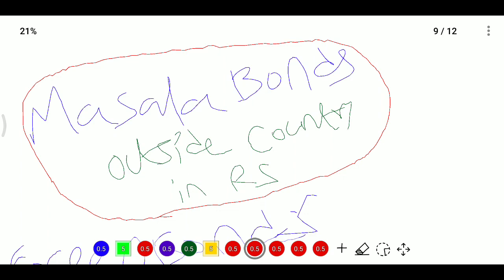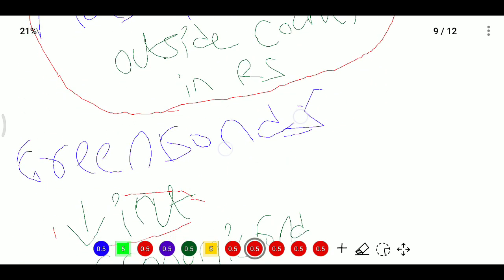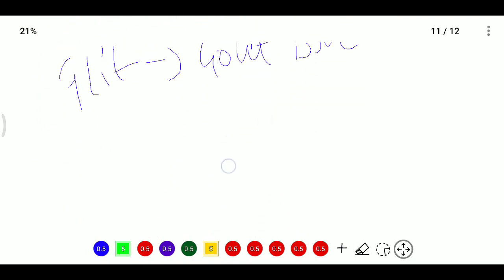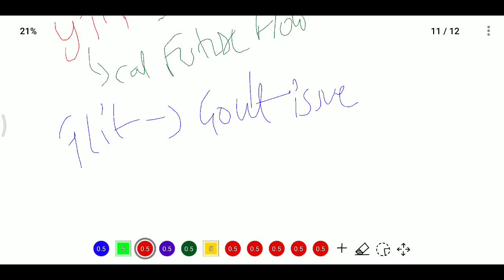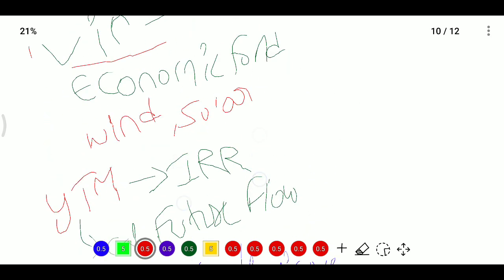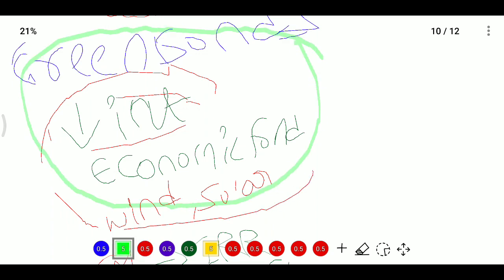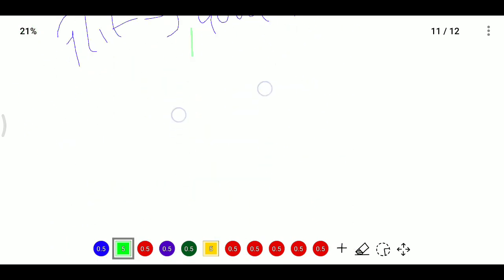These are the different offshore or overseas bonds. And we discussed green bonds. Green bonds are for investing in environmentally friendly projects, such as wind or solar energy generation. These bonds are given by the company at a low interest rate.